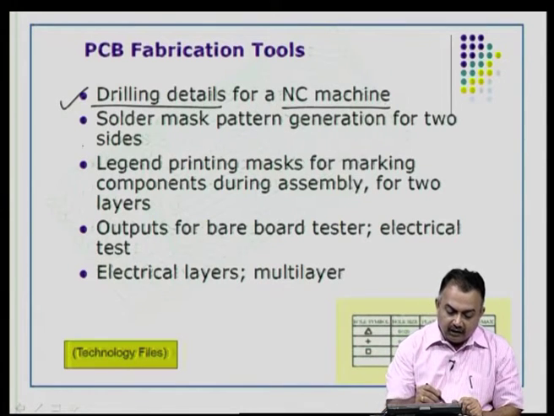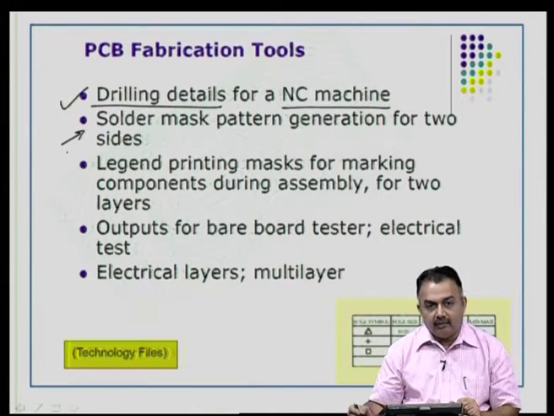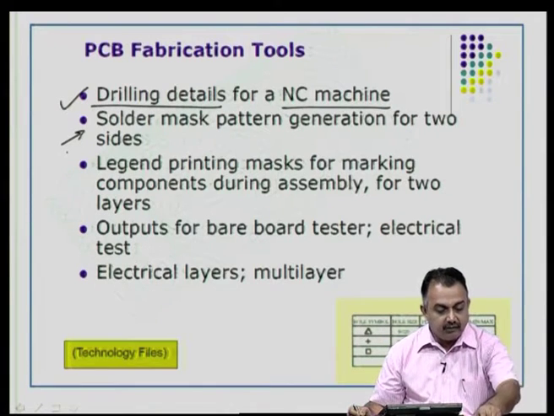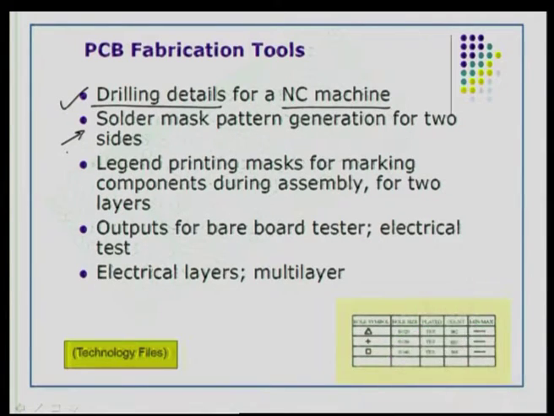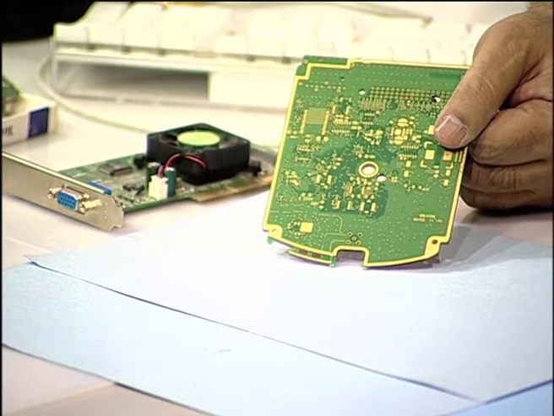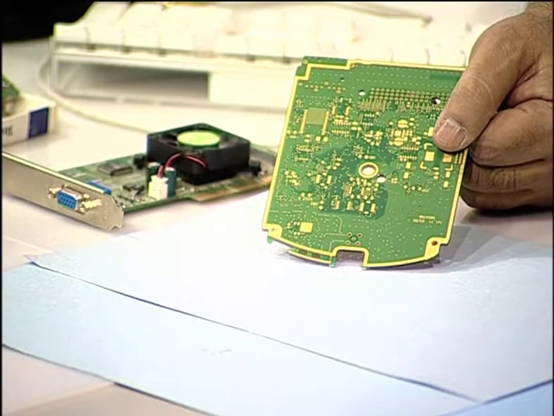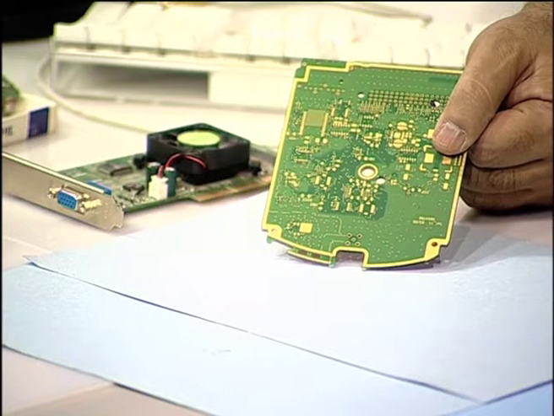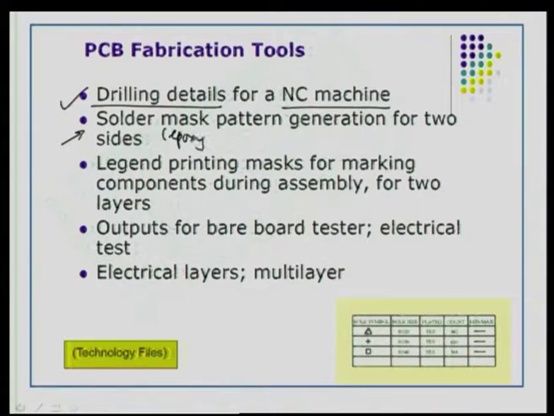Then the other output that can be generated from your CAD program is to generate a solder mask pattern for both sides. I will explain briefly what is a solder mask. We will talk much about solder mask later. Visually, as you can see in this picture, the green areas are the solder mask material. Solder mask is nothing but an epoxy paste that is being used here.